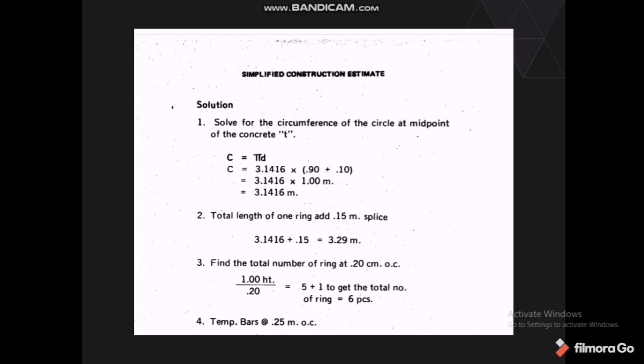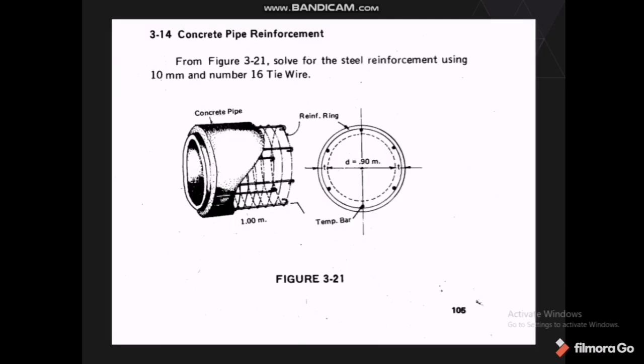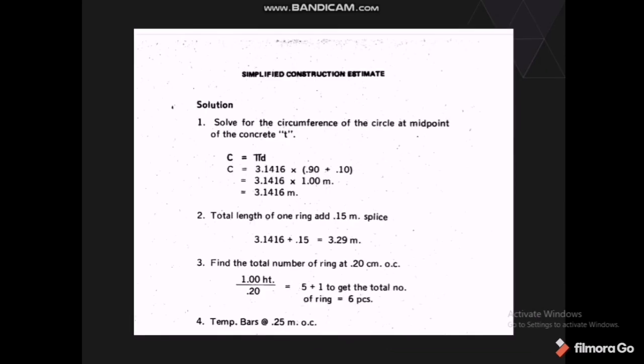Total length of one ring at 0.15 meters splice: 3.1416 plus 0.15 equals 3.29 meters. And for the third one, find the total number of rings at 0.20 meter OC. 1 height over 0.20 equals 5 plus 1 to get the total number of rings equals 6 pieces.